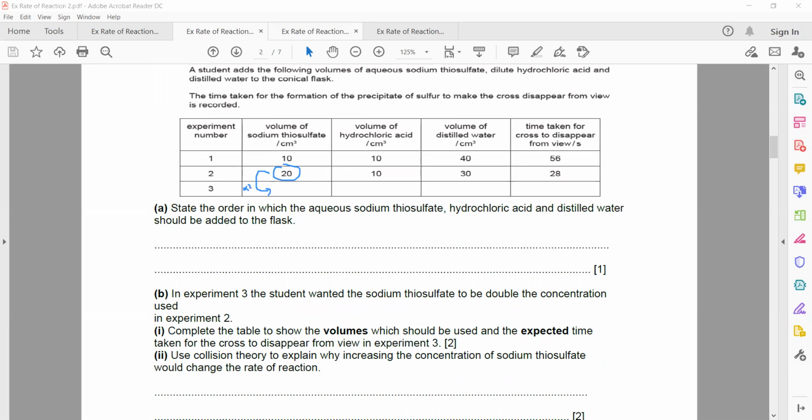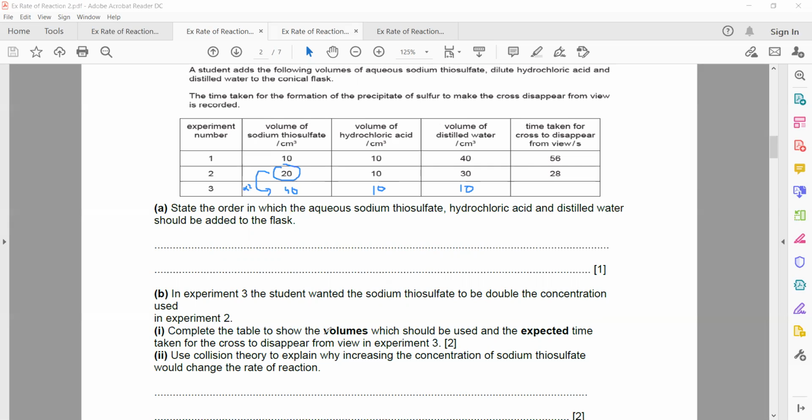So the student used 40 cm cube of thiosulfate, and the hydrochloric acid volume is not changed. It's 10. So how much volume is there for distilled water? What should be the volume of distilled water used in this experiment? So it will be 10.